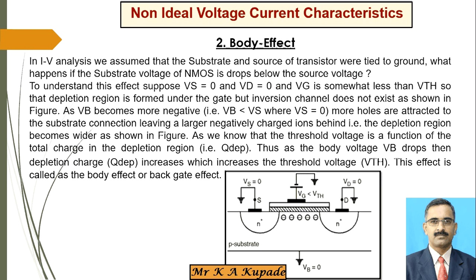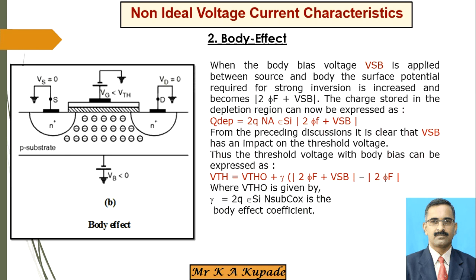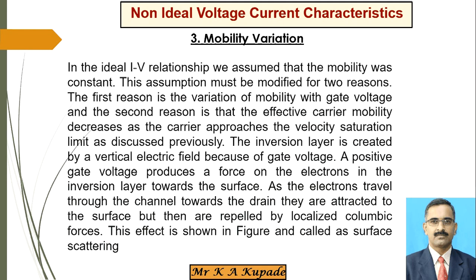That is, the depletion region becomes wider. See in this figure: when VB is made more negative, that means we are applying a negative voltage to the substrate, and as it is made more negative than Vs, the depletion layer increases.